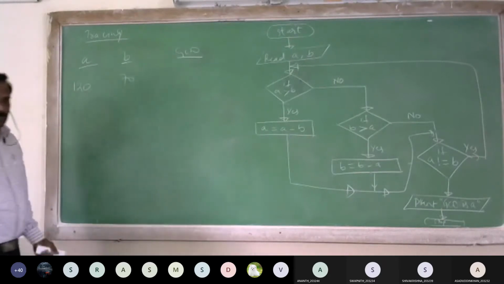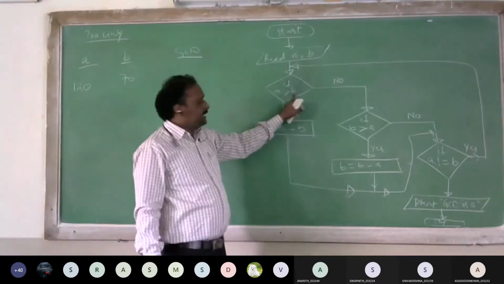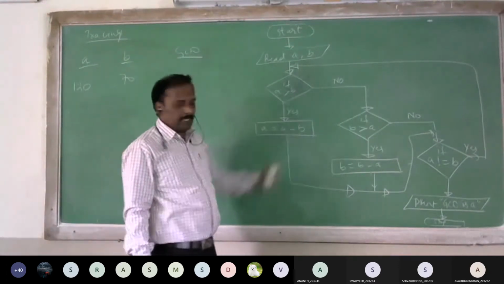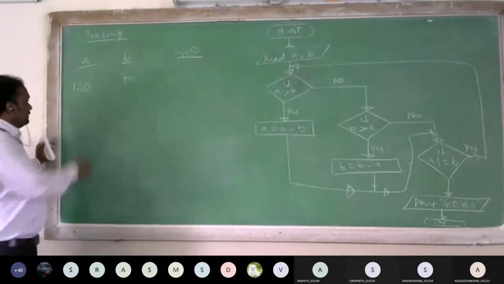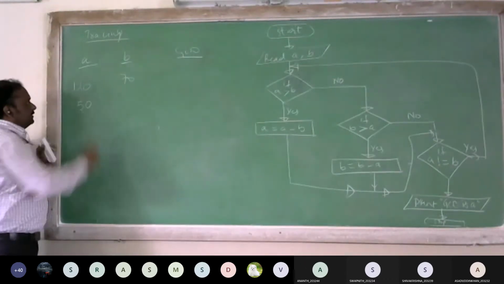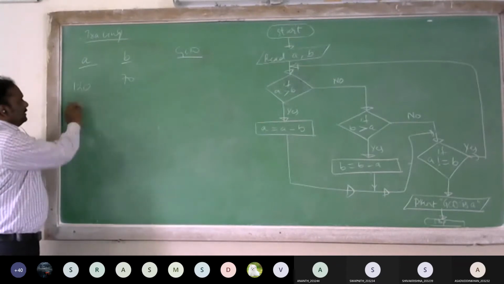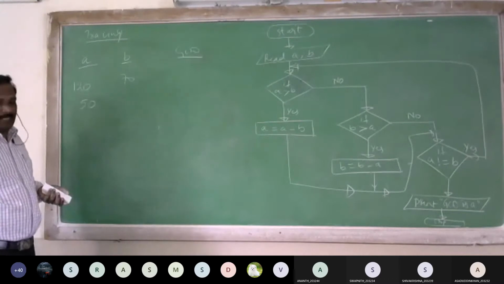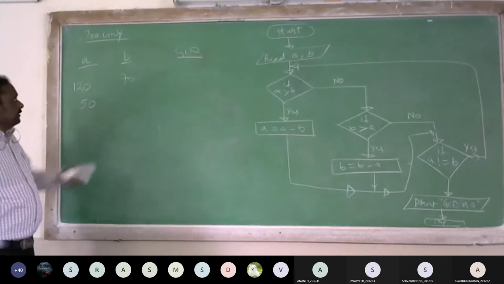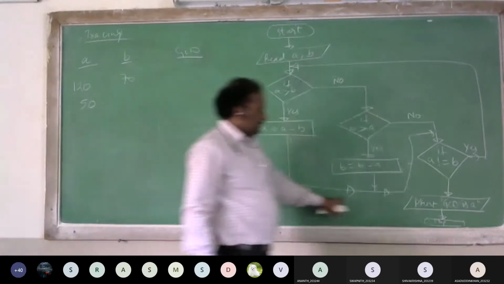70. 120 and 70. Now 120 is greater than 70. Yes. A is equal to A minus B. 120 minus 70, it is 50. Now check.